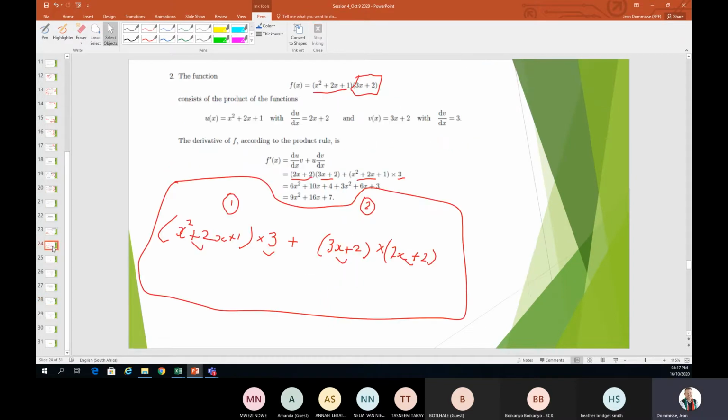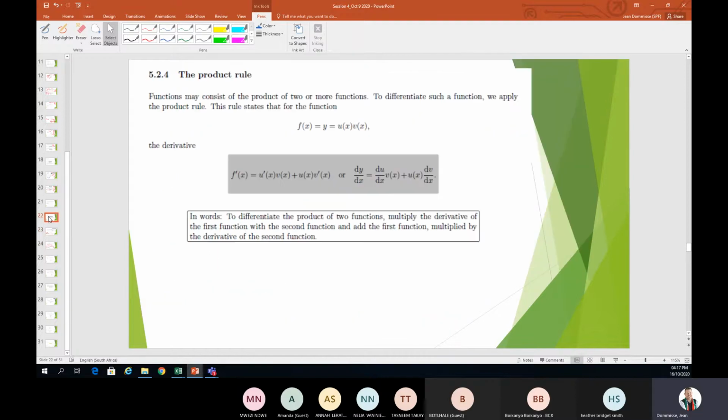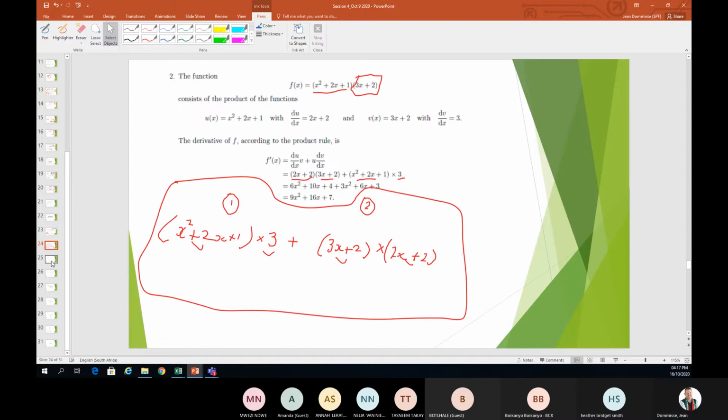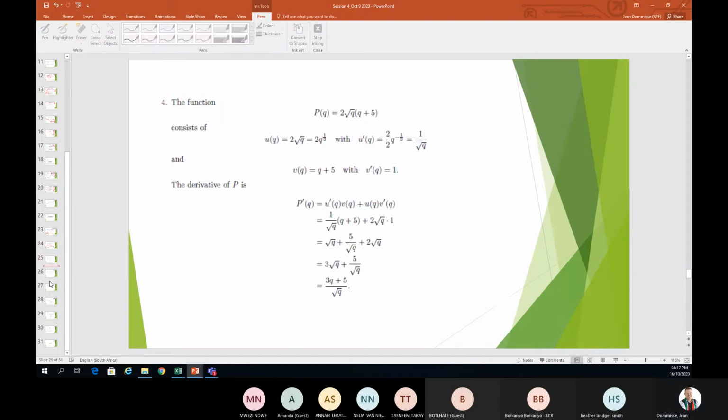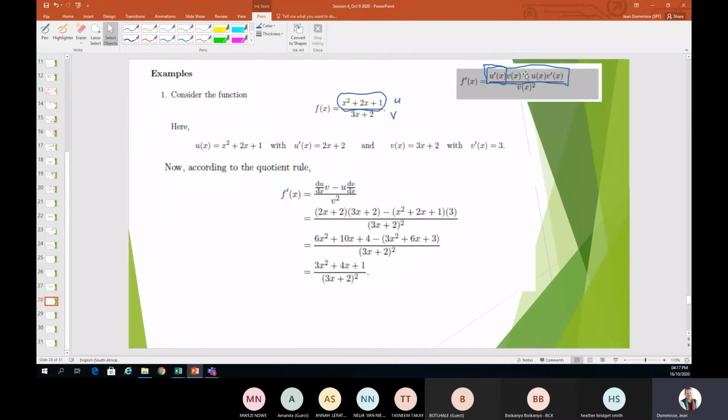Let me just quickly check. Very much what we did with the product rule, but we're not adding, we're subtracting. So that is the one difference, that we are subtracting.